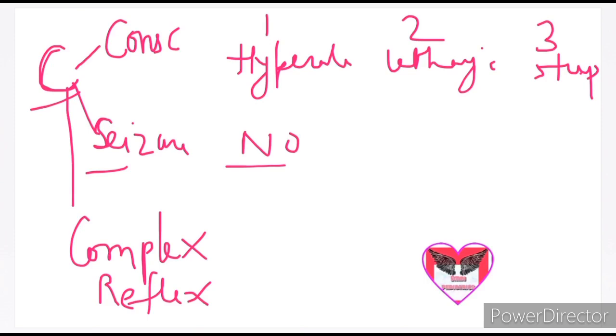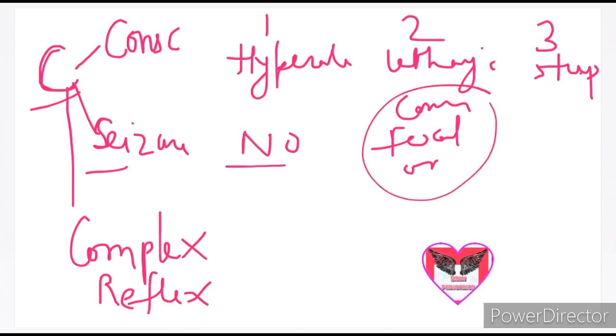Stage 2 we have focal or multifocal seizure, and here seizure is very much common. And stage 3 the seizure is uncommon, totally damaged brain, or having persistent seizure requiring multiple epileptic drugs.